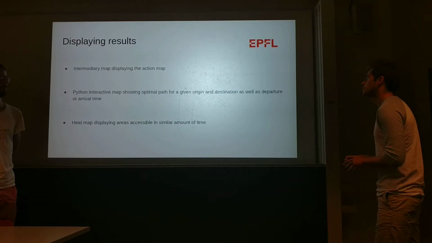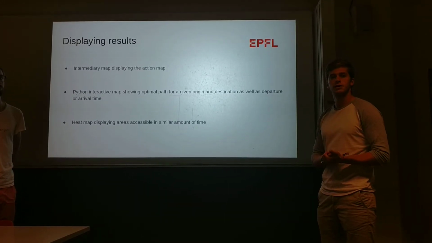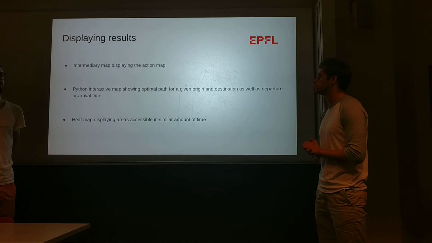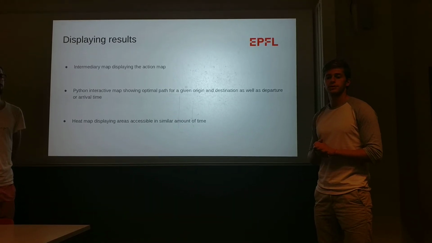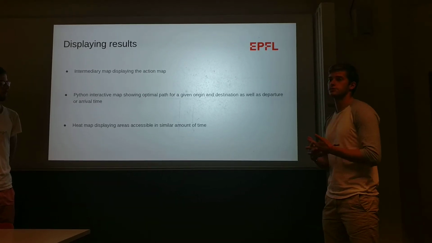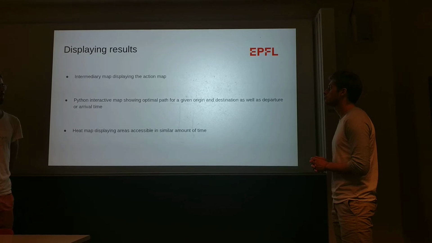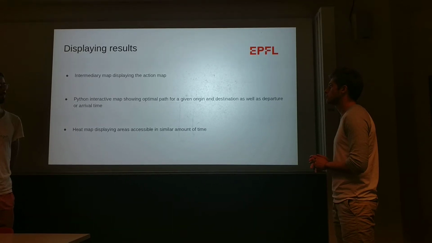Regarding the display of our results, we first use a user interface that allows anybody to fill in a form and generate a trip. You can choose the date, the time, the departure, and the arrival. After this, we decided to plot our result on a map.